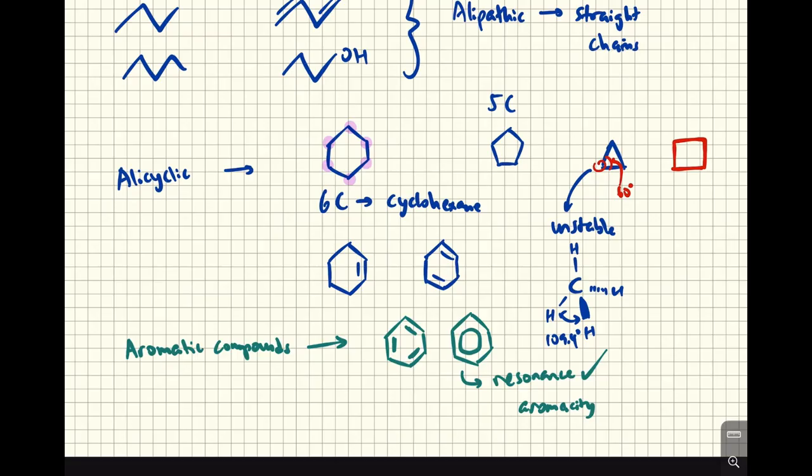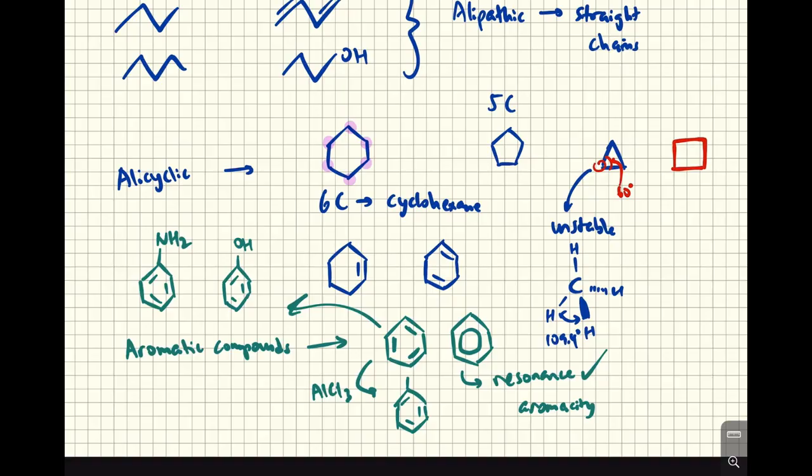And usually when you react it, maybe let's say you want to form toluene, for example, you usually need a catalyst like aluminum chloride. Yeah. And there are also many other derivatives of benzene, such as phenol, or you also have aniline, which has an amine group.